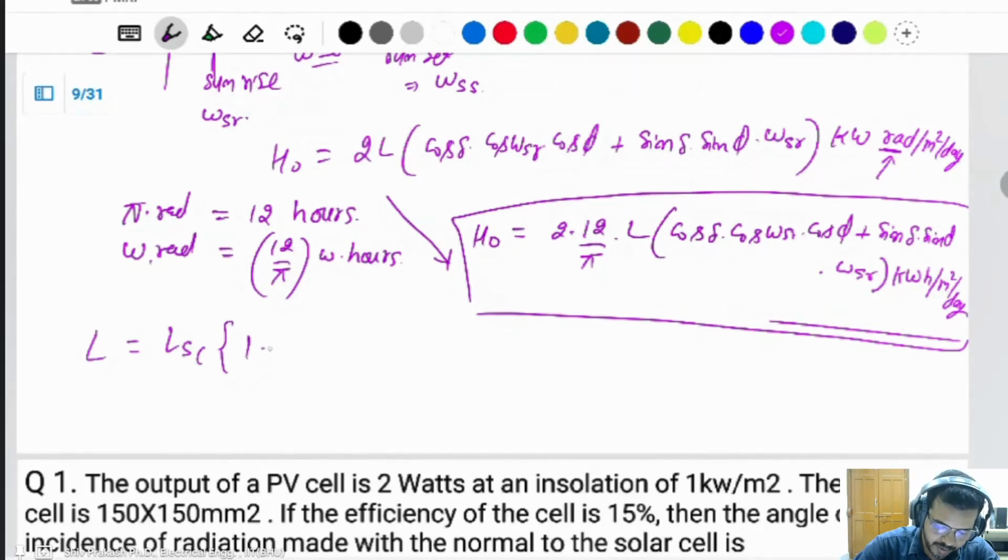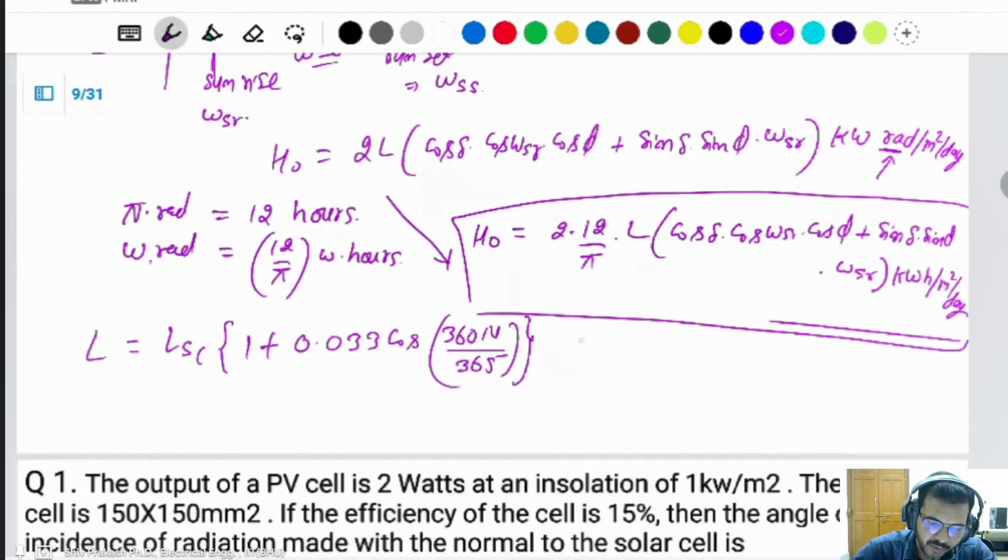It will be 1 plus, it will also depend on the day of the year, 0.033 cos of 360 n divided by 365, where n is the number of the day of the year, one for 1st January, 365 for December 31st.